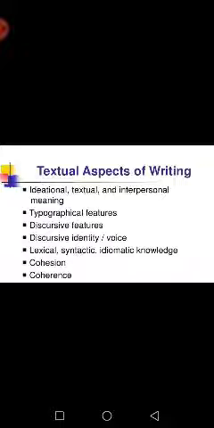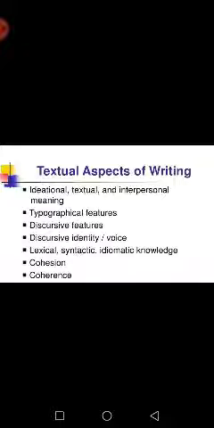Textual, if I want to go to the textual, I'm going to put in my mind certain things. For example, ideational, textual, and interpersonal. What I mean by ideational is the meaning of their ideas, their opinions, their points of view, their perspectives, which are totally different perspectives.